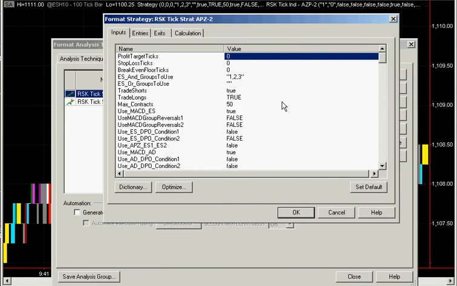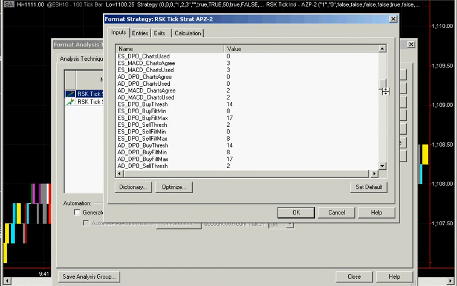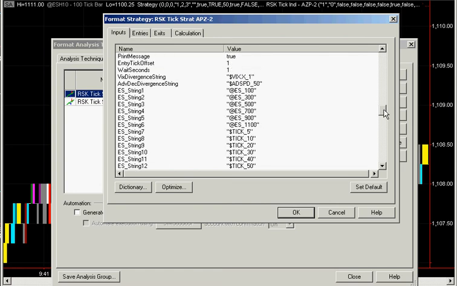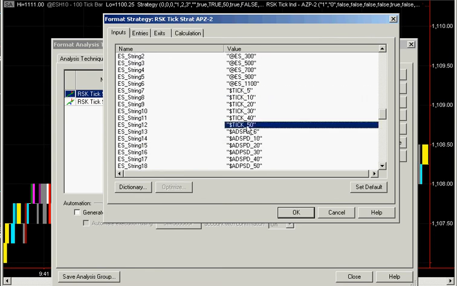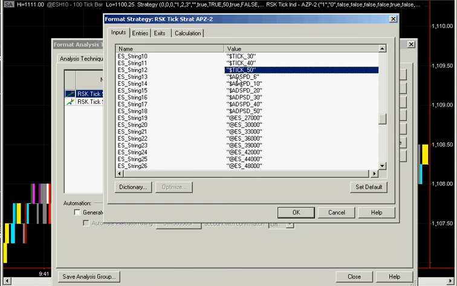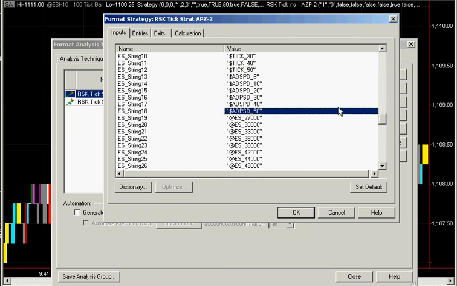And what we use in this chart, first of all, is an array of 3 different market internals on groups 1, 2, and 3. In that case, we're plotting group reversals off of the first group of ES charts, which must agree with the second group of tick charts, which must also agree with the next group of ADSPD charts.